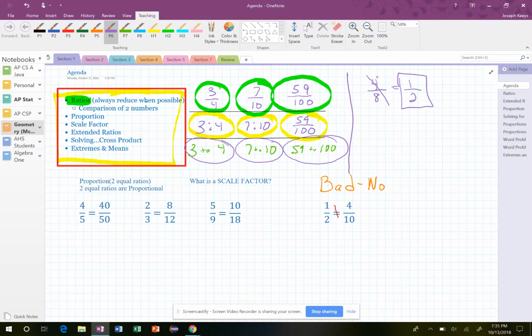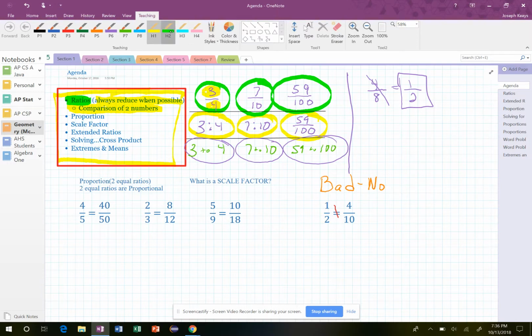So instead of saying I got 4 out of 8 problems right, another way to say that is I got 1 out of every 2 problems correct. Okay, so that's the first word, ratios. Another way to say ratio is that it is a comparison of two numbers. We got one number there and another number there. So like I just said, we're always going to reduce, and a ratio is a comparison of two numbers.